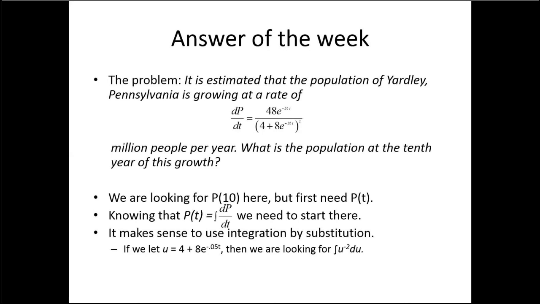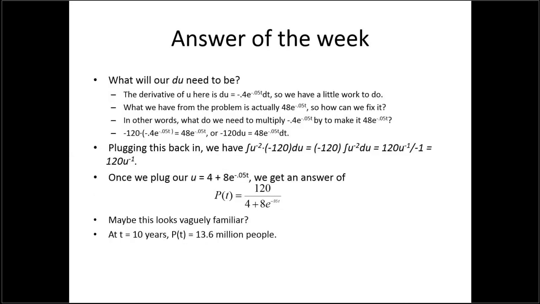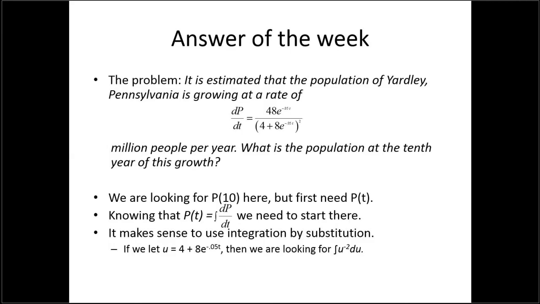So here, if we let u equal 4 plus 8e to the negative 0.05t, then what is our du going to have to be? The derivative of u here is going to be negative 0.4 e to the negative 0.05t dt. Okay, so just make sure you can see why that's the case. If you take 8 times negative 0.05, it gives you negative 0.4. And the derivative of a constant, the derivative of 4, is 0.